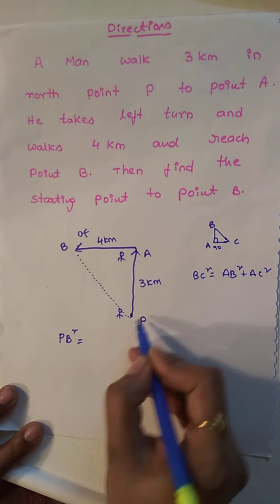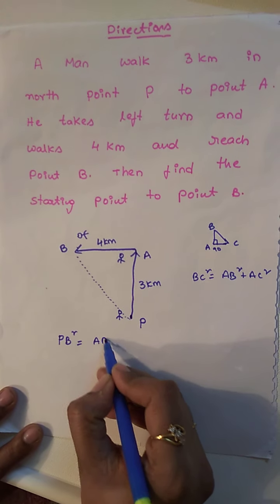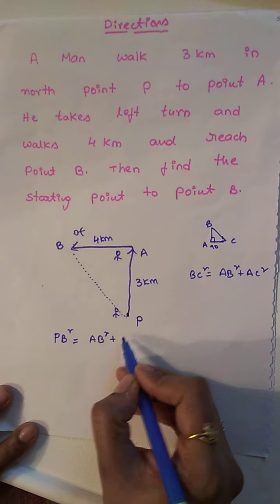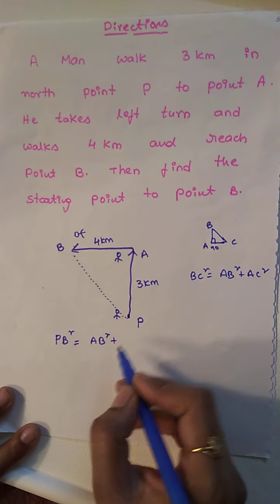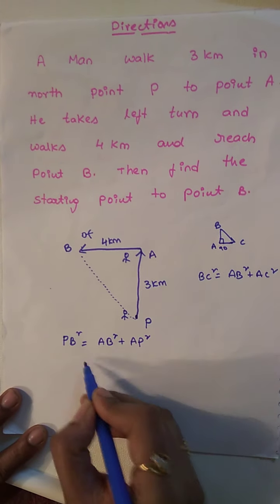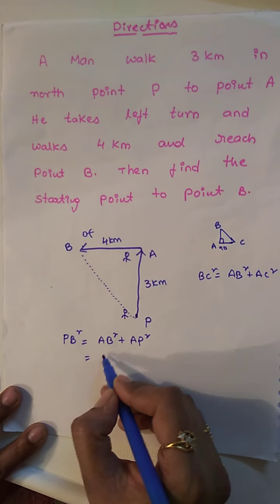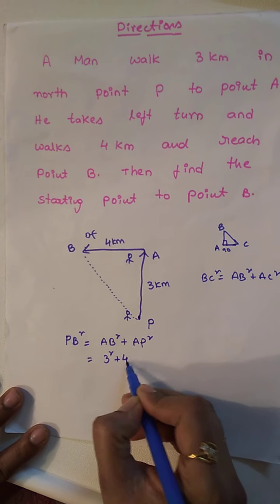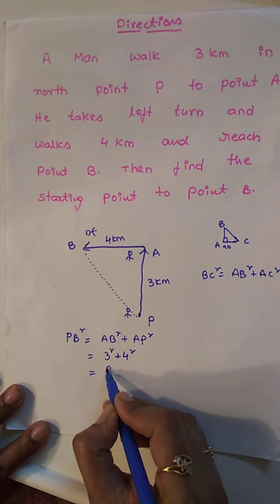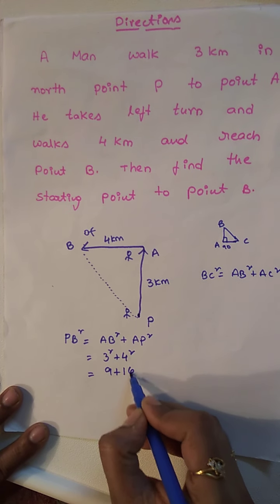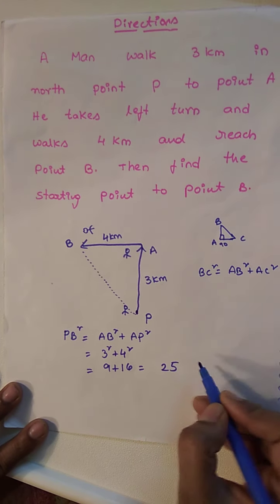Like this, here PB square equal to AB square plus AP square. So 3 square plus 4 square equal to 9 plus 16, 25.